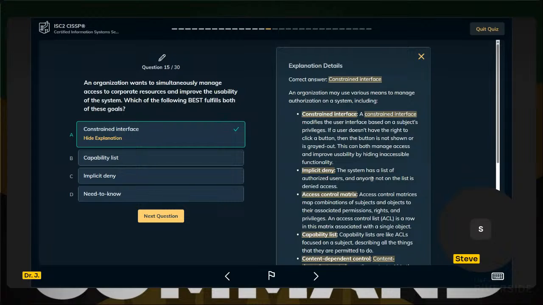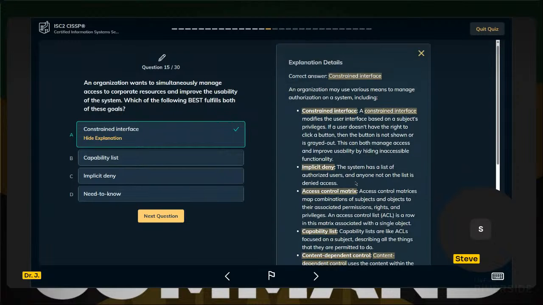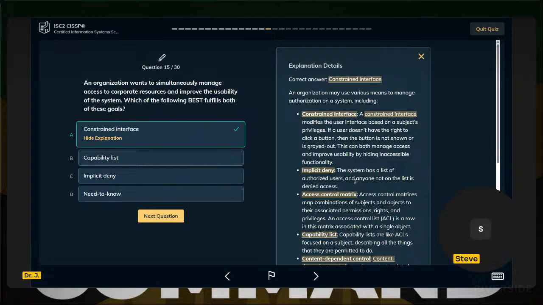You may not see everything, but you'll see an interface catered to you. If a user doesn't have the right to click a button, then the button is not shown or is grayed out. This could both manage access and improve usability by hiding inaccessible functionality.